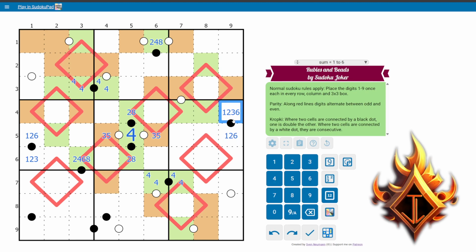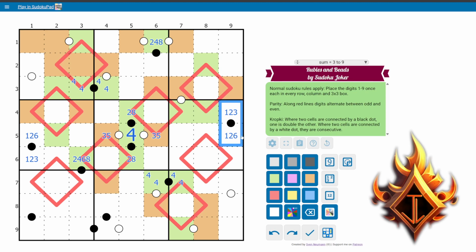This one unable to be 3, so that one unable to be 6. And they could be the same if they are 1, 2.